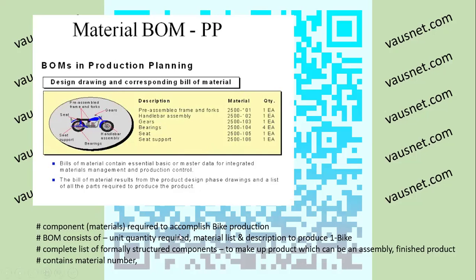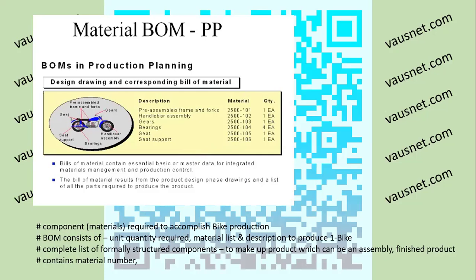So components will be required to accomplish production. And the bill of material consists of the unit quantity required, how many units of an element will be required to produce one unit. Okay, so the bill of material also consists of a material list, a description to produce one bike. So if you're producing a bike, it's possible that there will be some wastage, scrap, or breakage or leakage.